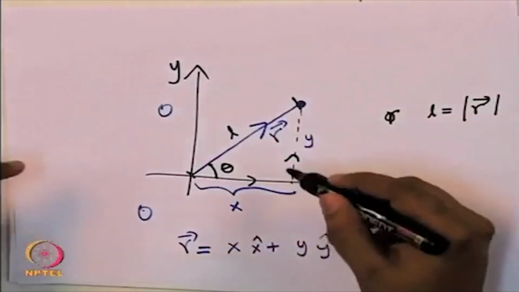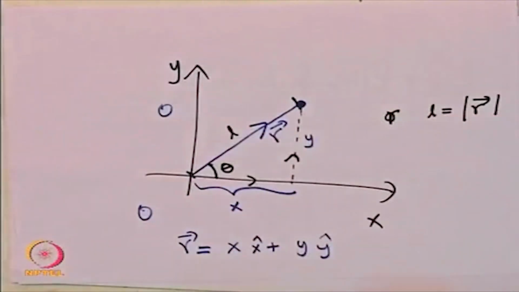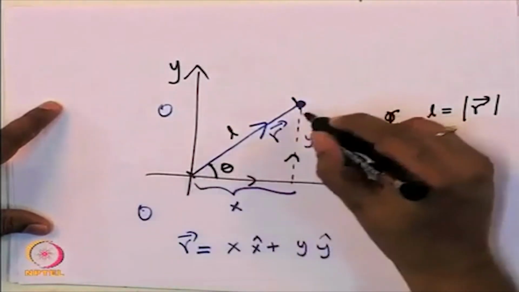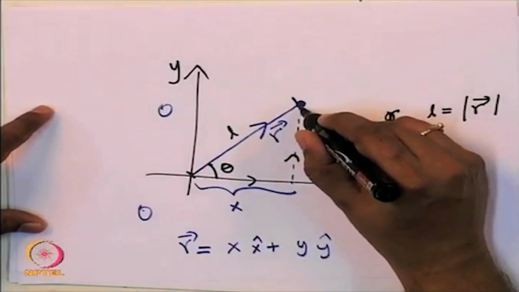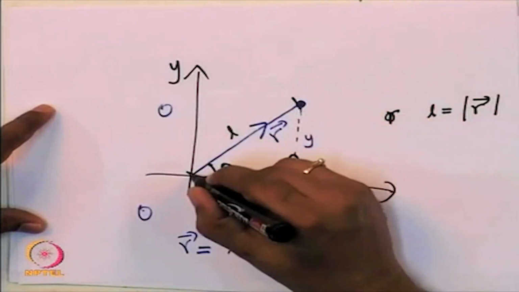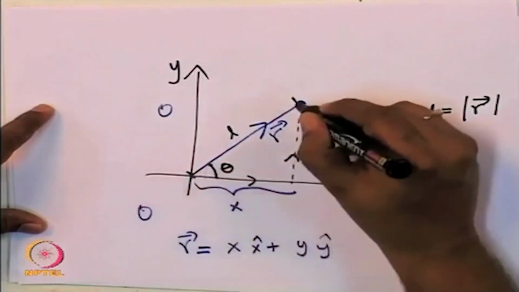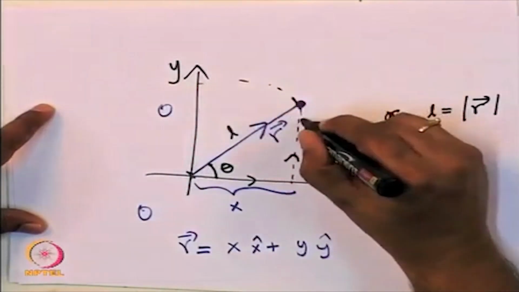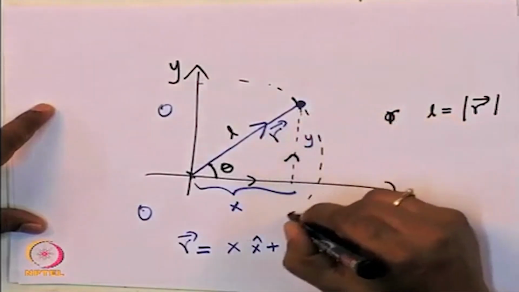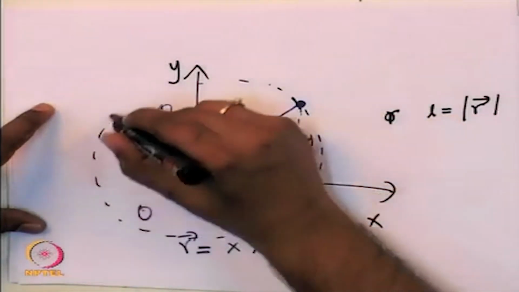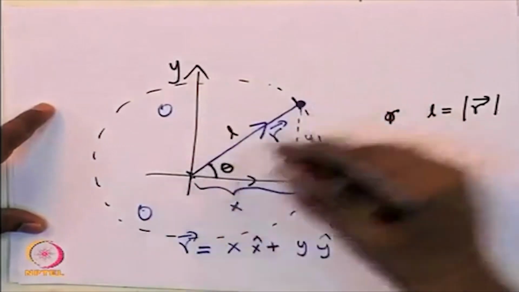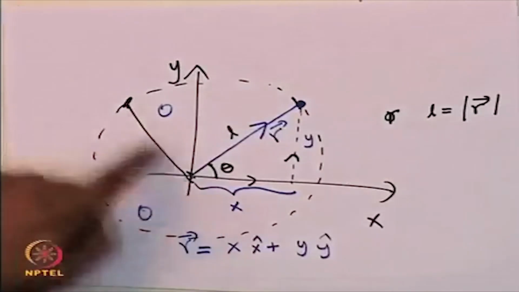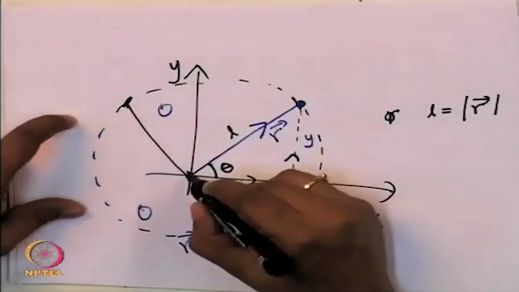If I specify L alone, that will not tell you this particular point, because if I say my atom is at a distance L from the starting point, there can be many points on a circle that is L distance away from the center.